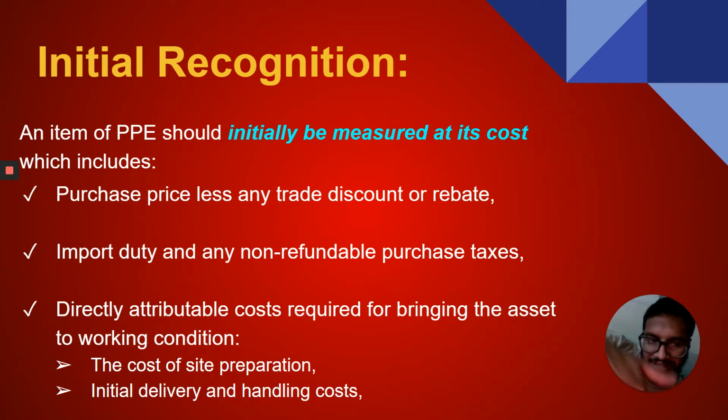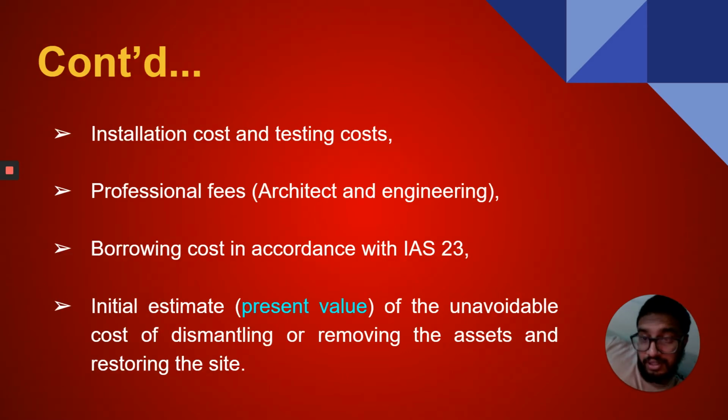Then your machinery will come from your supplier, so there will be delivery cost and handling cost for the labor. After that, some qualified person will come and install it and test it, as per the advice of the engineer and architect, so there will be cost associated with that as well.